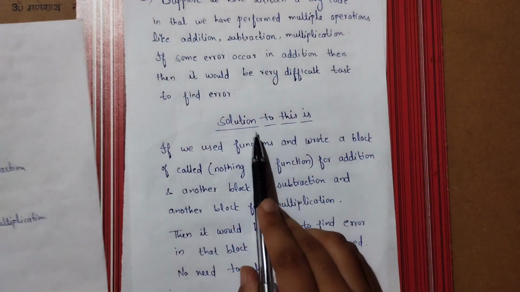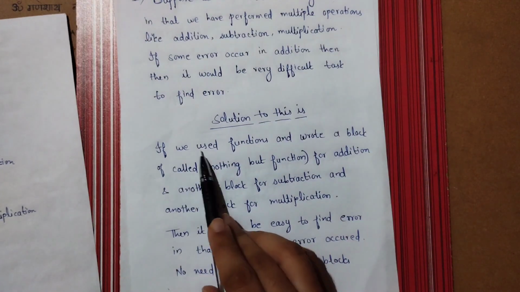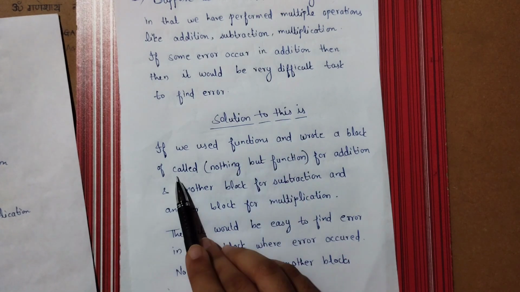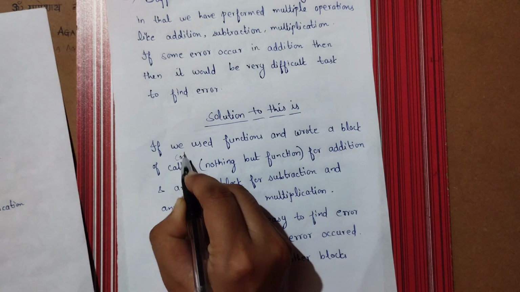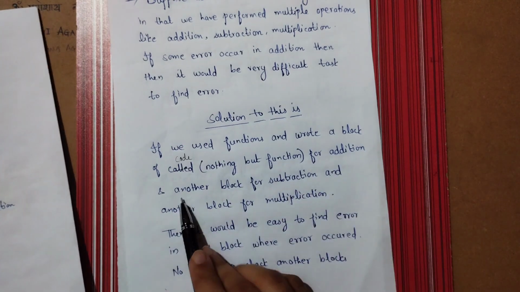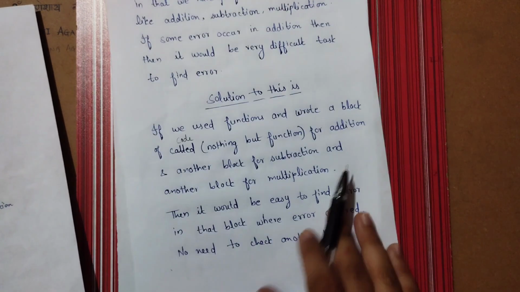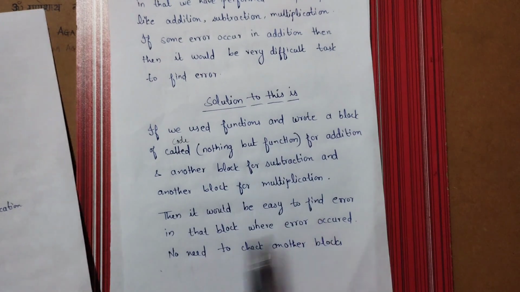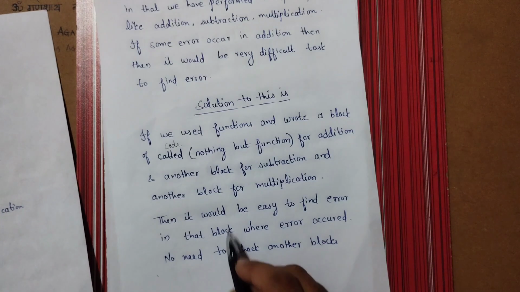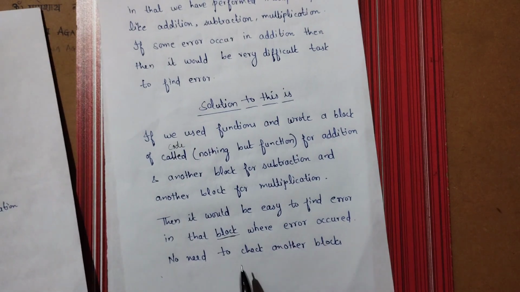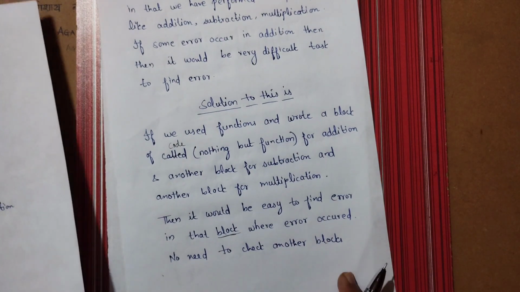So what is the solution to this? If we use functions and write a block of code for addition, another block for subtraction and another block for multiplication, then it would be easy to find the error in the block where it occurred. No need to check other blocks.